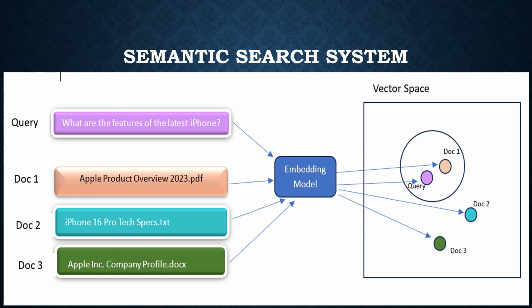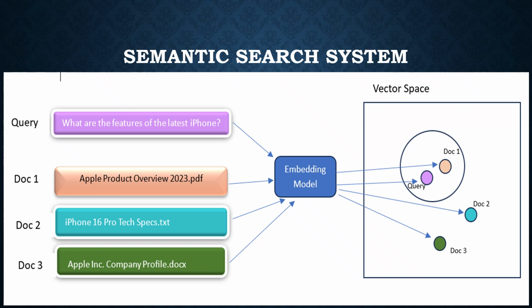As I told you, if you are using a direct LLM, then it will consider the information of iPhone from 6 months ago, or from when the LLM was trained. But what if yesterday or a month ago a new iPhone product was launched? So if you are using a RAG pipeline, then see here are the documents.